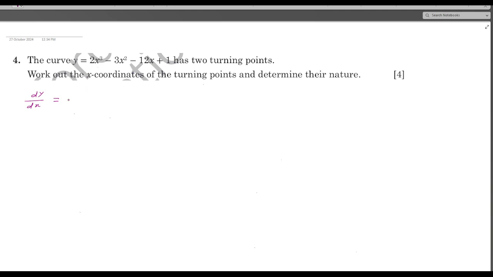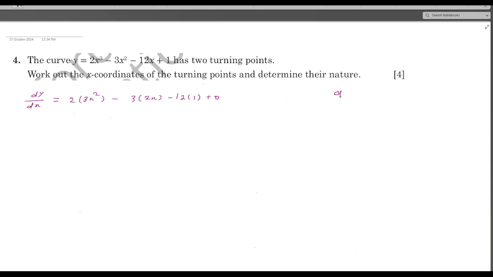For 2x cubed, the differentiation is going to be 2 times 3x squared, minus 3 times 2x, minus 12 times 1, and for 1 it is 0.